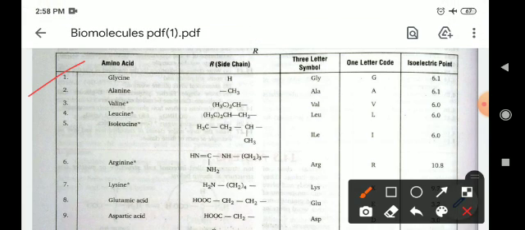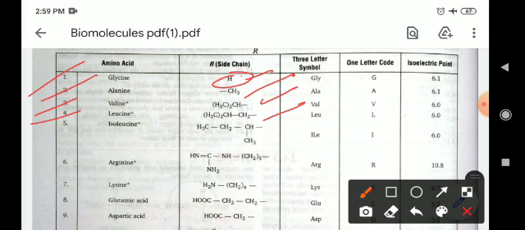Number 1, glycine. If you put H at the place of R, then the amino acid which forms is known as glycine. If there is CH3 at the position of R, then it is known as alanine. If an isopropyl group is present, then it is known as valine. Like this, leucine.